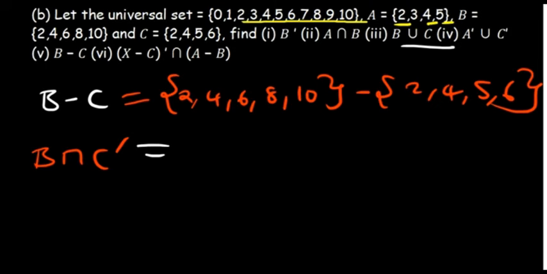In this case, I can see that 2 and 4 can be excluded because they are part of C. So they are supposed to be removed from B. 6 is not, 8 is not, 10 is not.